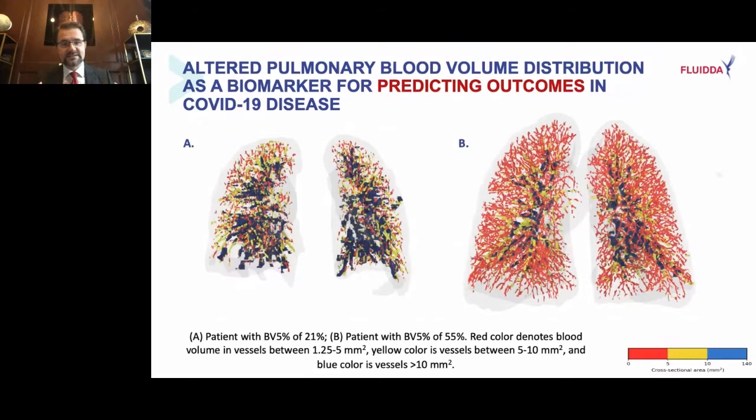If we look at the range of disease severities, we indeed saw patients that were very severely affected in terms of the pulmonary vasculature with very low BV5s, like patient A here, and not a lot of red zones anymore. Patient B was more in the normal range, about 55% in BV5.